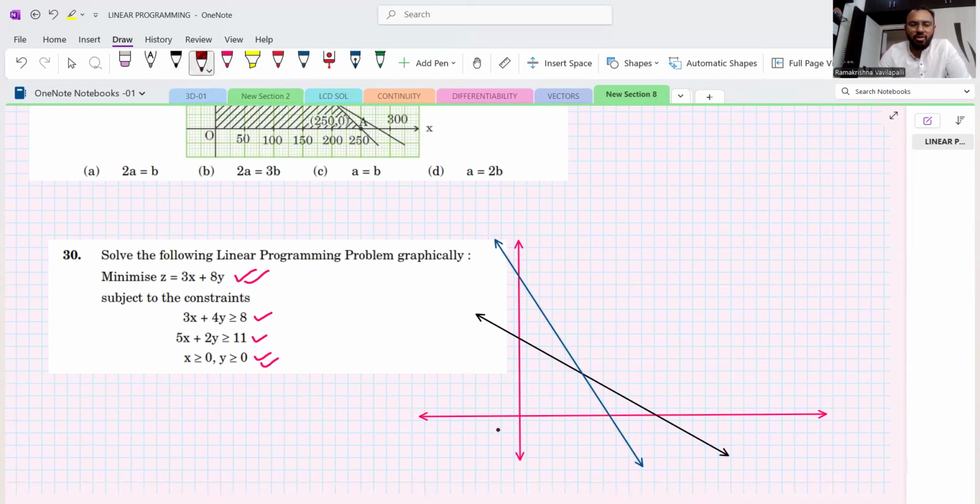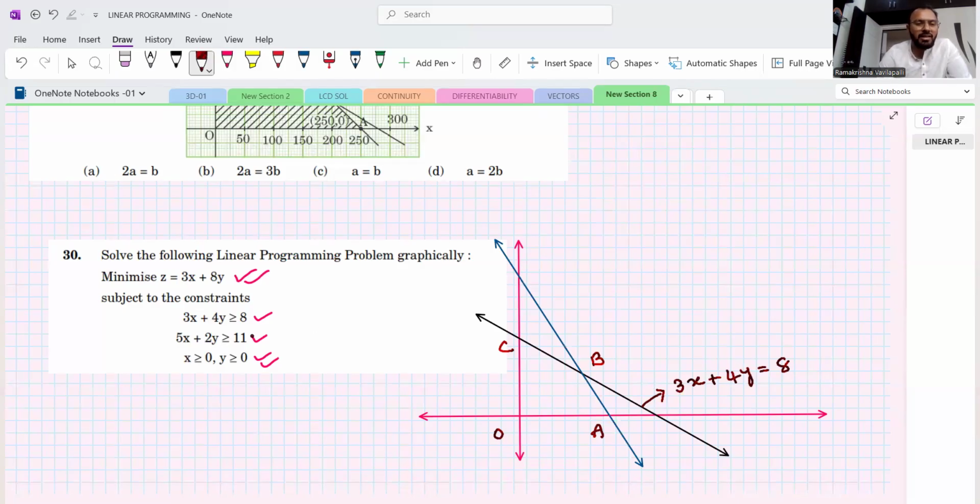So origin, A, B, and C. This line is 3x plus 4y equal to 8. Substitute the origin. Is it satisfying or not? No, it is not satisfying. So it is not containing the origin, above the line.